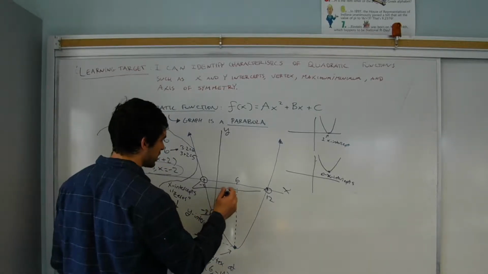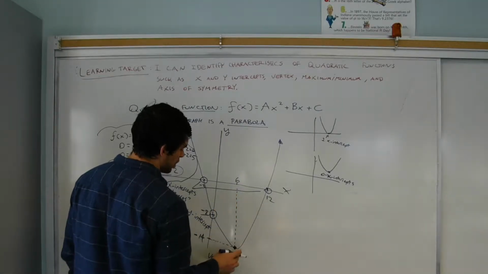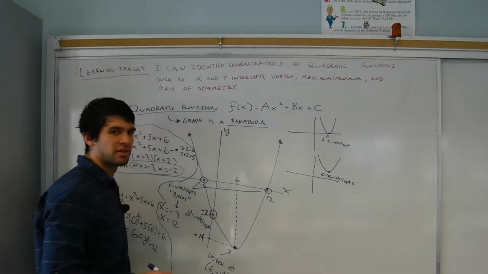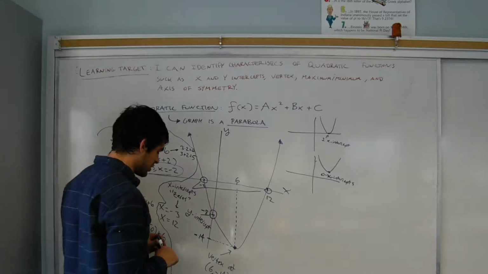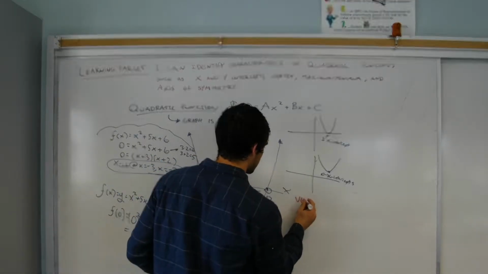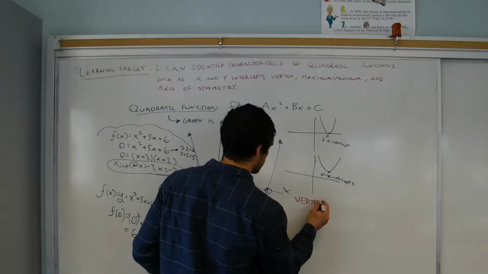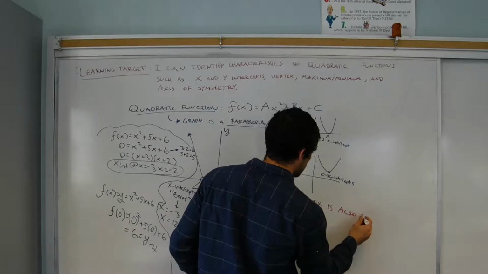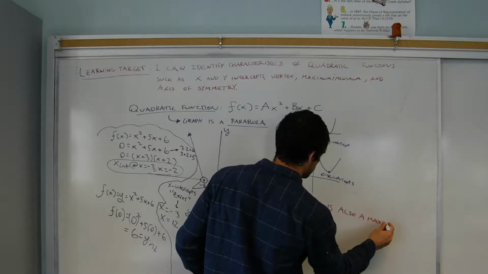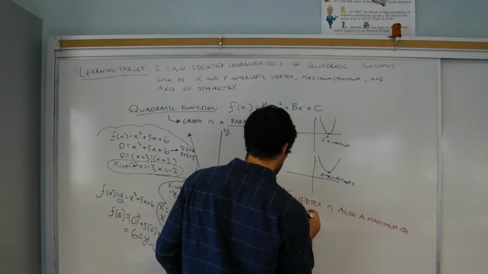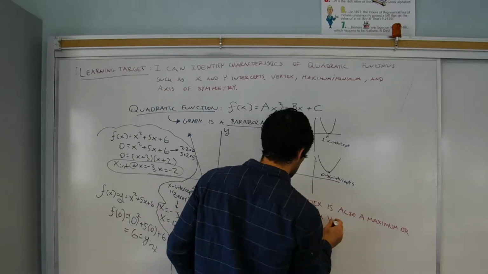And then additionally, while we're talking about the vertex, we can also talk about maximum and minimums, because our vertex, I'm going to switch colors, our vertex is also a maximum or minimum value.